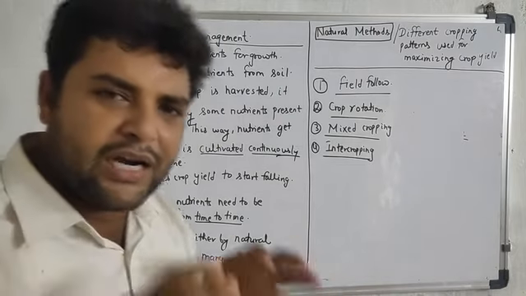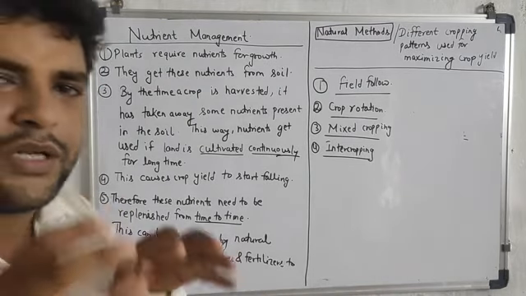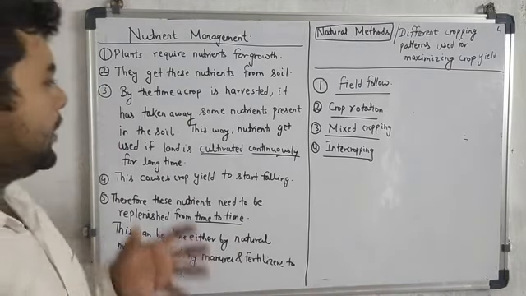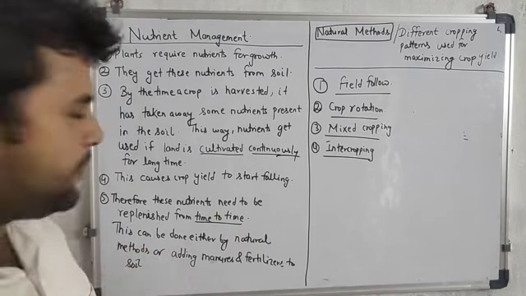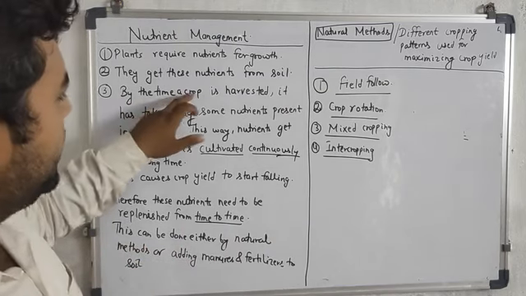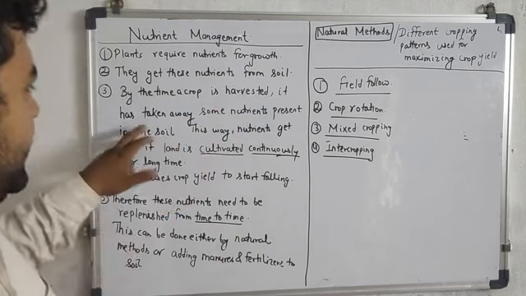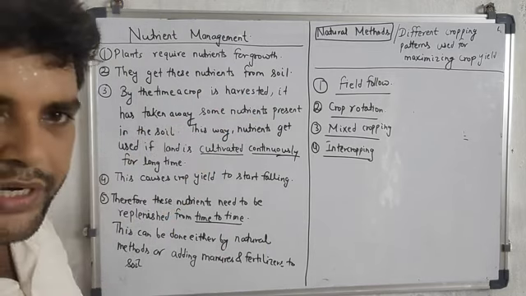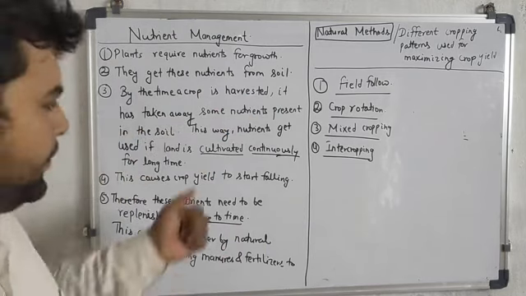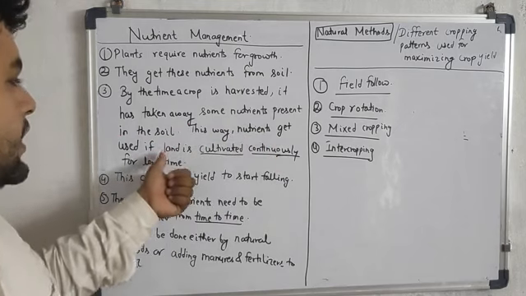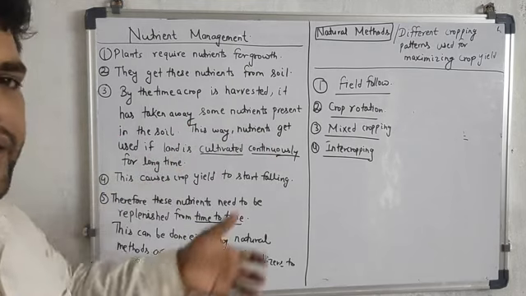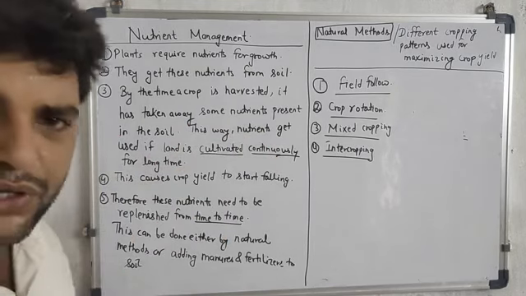This means the ultimate source of nutrients is soil. By the time a crop is harvested, it has taken away some nutrients present in the soil. This way, nutrients get used up if land is cultivated continuously for a long time.